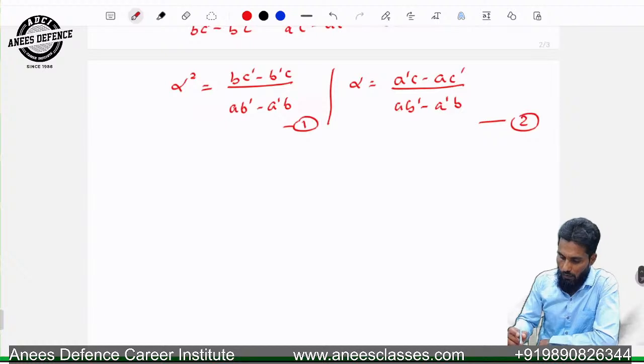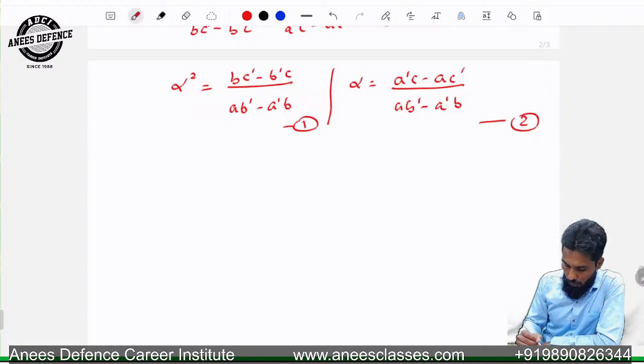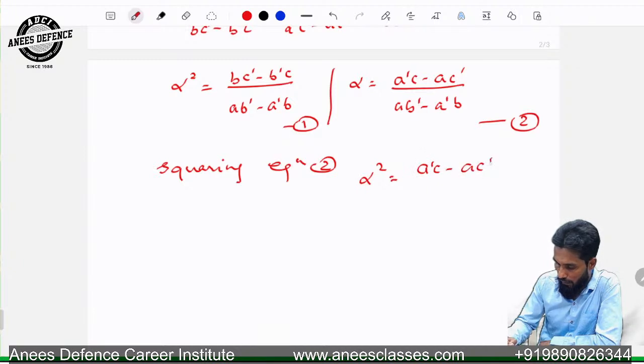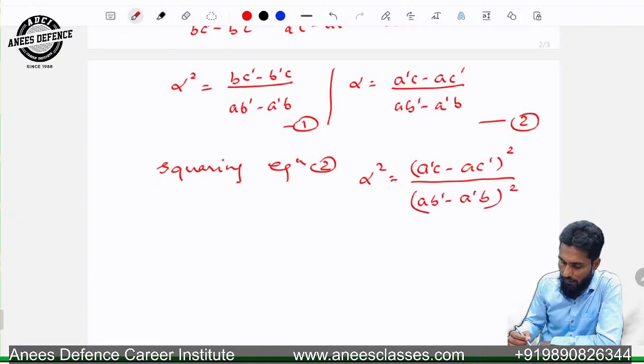Fine. So squaring equation number 2, we will get alpha square equal to a dash c minus a c dash whole square divided by a b dash minus a dash b whole square.